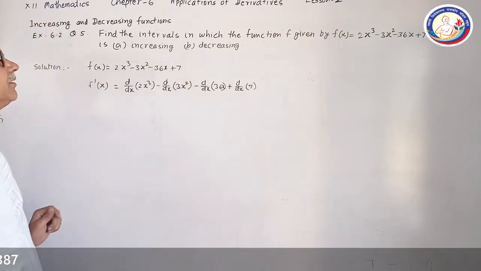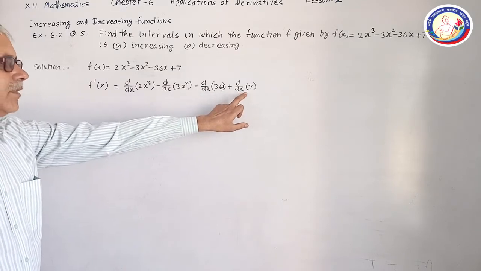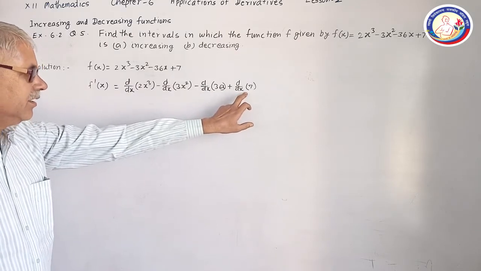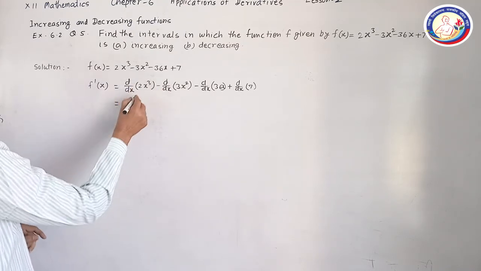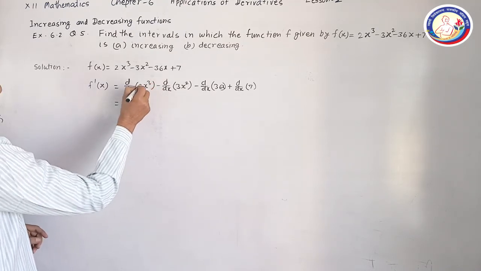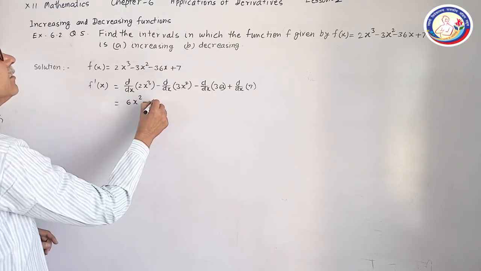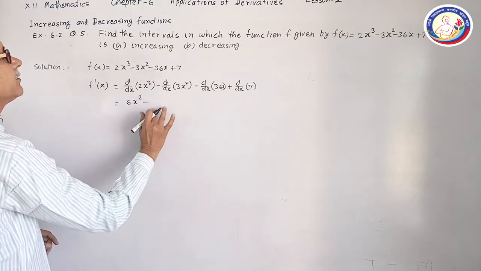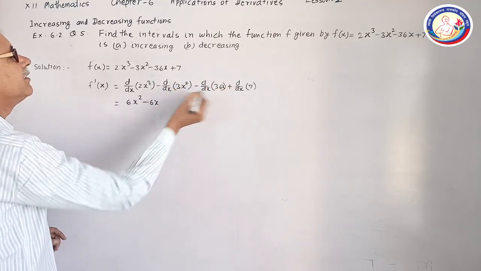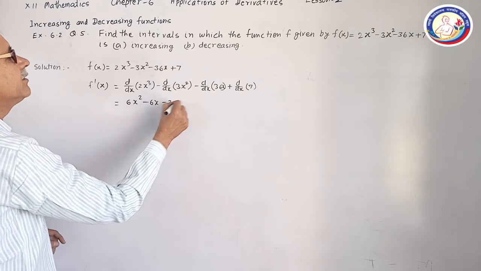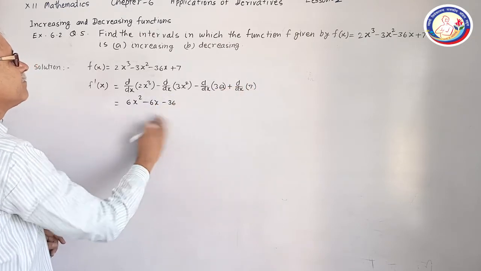This function is a sum of 4 terms, so we will find the derivative of all 4 and then use the symbols between them. The derivative of this is 3 into 2, that is 6x square minus 6x, and 36 is a constant, so its derivative will be 0, so I am leaving it.